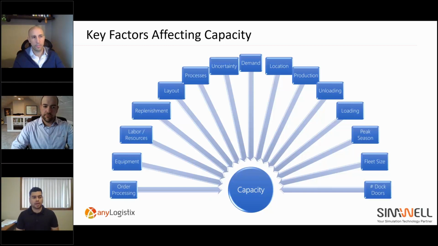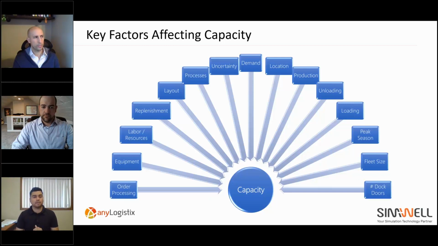So when it comes to a lot of the time series or time tests that happen in operations, these are key factors that can be considered. For example, order processing, equipment, labor force, replenishment processes. Uncertainty also can impact capacity, peak season, fleet size, dock doors, production.